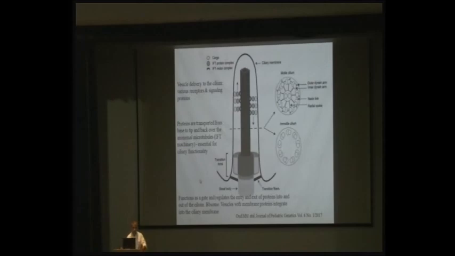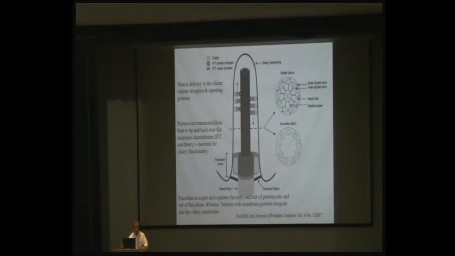The transition zone functions as a gate which regulates the entry and exit of proteins into and outside of the cilium. There is a protein complex called the BBSome, which is abnormal in a syndrome called Bardet-Biedl syndrome. This protein complex has vesicles with membrane proteins, and is responsible for the integration of the membrane proteins into the ciliary membrane.